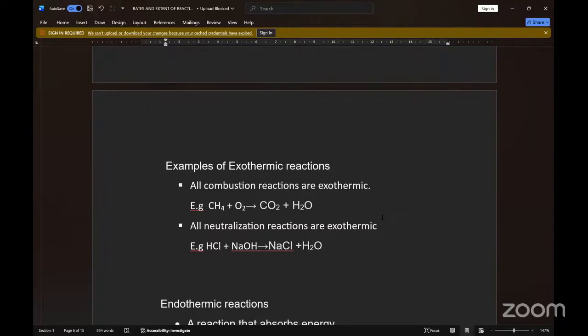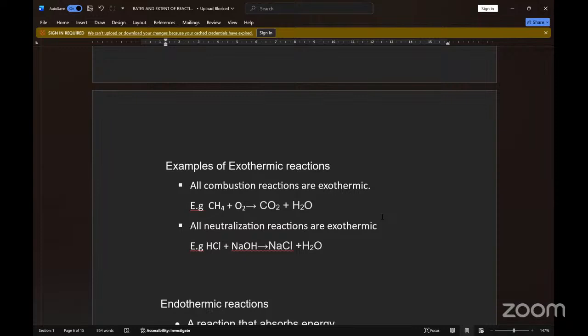In other words, if they write something plus oxygen, we call that combustion, and such reactions are automatically exothermic. You don't have to be told in the exam that this is an exothermic reaction. You should always know that any reaction with oxygen is exothermic.